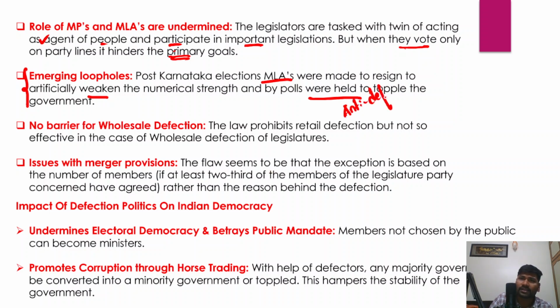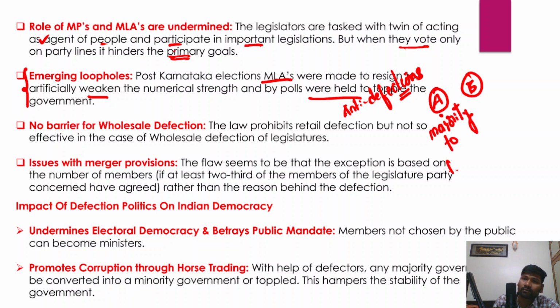Now I will tell you how new loopholes are emerging. Imagine that there are two political parties, A and B. Political party A has the majority to form the government. It can form the government.